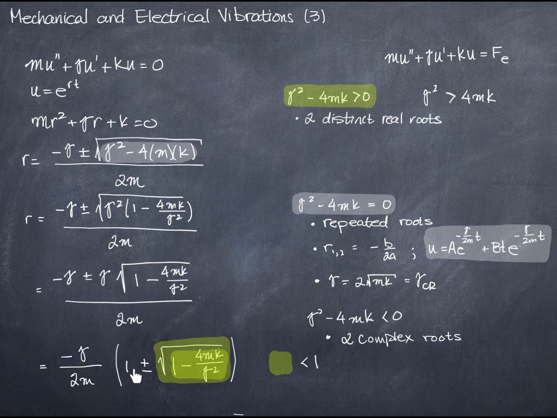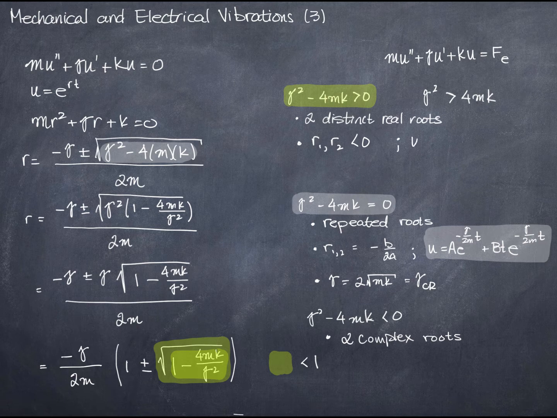More importantly, if I take 1 and subtract less than 1 from it, then I'm going to get some number less than 1, but greater than 0. And that means that this value here is guaranteed to be positive. If you take a positive value and multiply it by a negative value, then your answer is guaranteed to be negative. So both of my R values in this case, R1 and R2, are less than 0. They're both going to be negative.